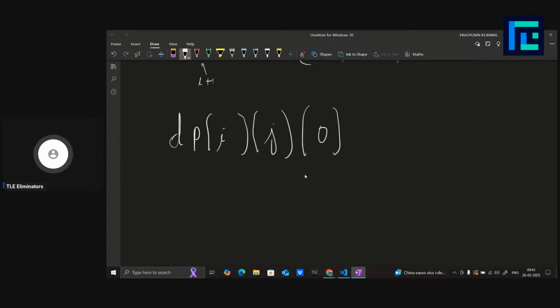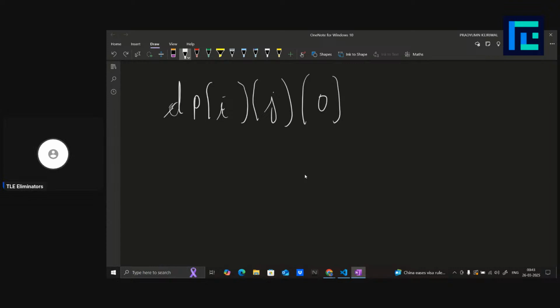That means I am at row i and column j, and I have not yet moved in the same row. So what does that mean? That means that I have come from the bottom and moved to the top.